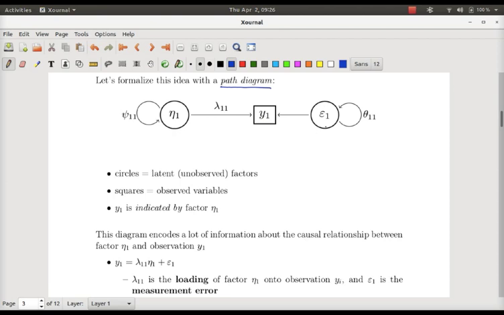And then of course we have a circle on this epsilon 1. That's an error node, and that's something that's latent as well. And then in this diagram we say that eta 1, now by the way, let me write these down. There are a lot of Greek letters going on here that you might not be familiar with. This one looks like an N. It's actually a Greek letter eta. And of course this is a Y, so there's nothing weird going on there.